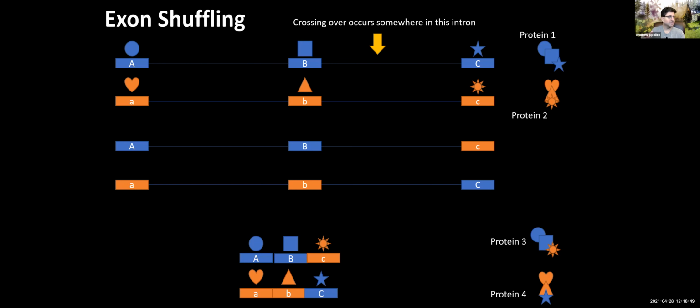This would be like taking your kids' toys and popping the heads off of one and putting it on another, and taking the gun from that army guy and giving it to this guy, or putting this shirt on this doll. We're mixing and matching parts to make new things. And it's called exon shuffling. And that's the real reason why introns are so long too, to make sure that crossing over can occur between them. That's another reason, I should say.